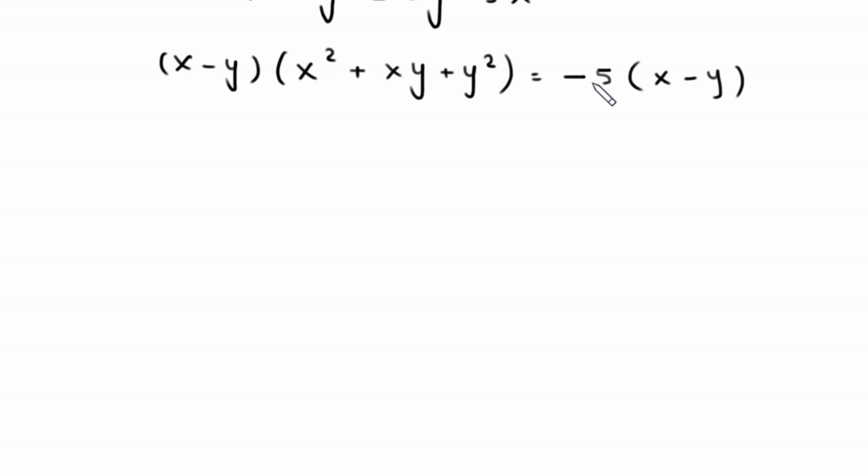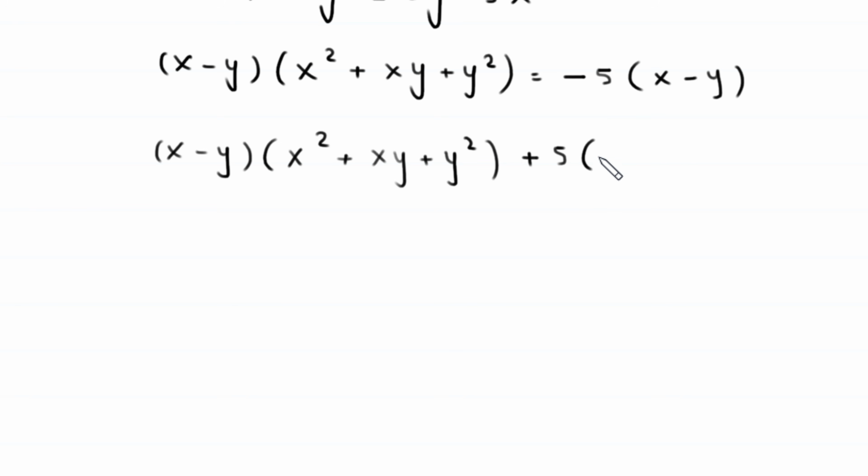Now we move this negative 5 times x minus y to the left hand side, then this will become x minus y times x squared plus x times y plus y squared. This negative expression will become positive 5 times x minus y equal to 0.